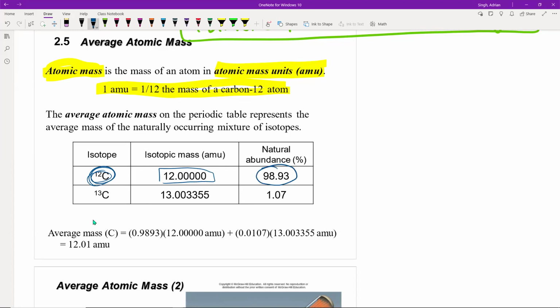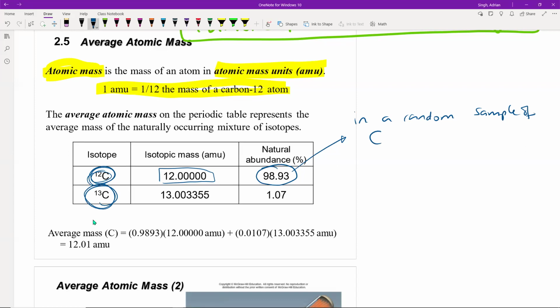What this means is, if you had a random sample of carbon, 98.93% of the carbon atoms in there would be carbon 12, and the remaining 1.07% would be carbon 13.